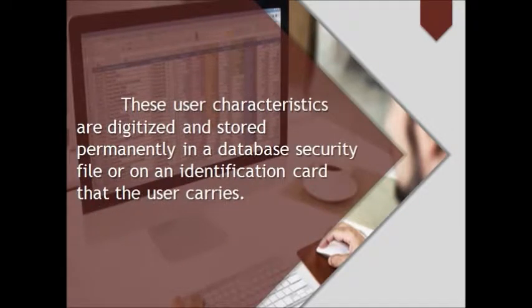These user characteristics are digitized and stored permanently in a database security file or on an identification card that the user carries. When an individual attempts to access the database, a special scanning device captures his or her biometric characteristics, which it compares with the profile data stored on a file or the ID card. If the data do not match, access is denied.